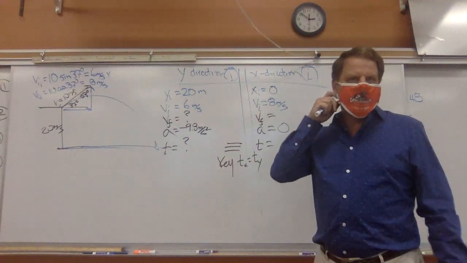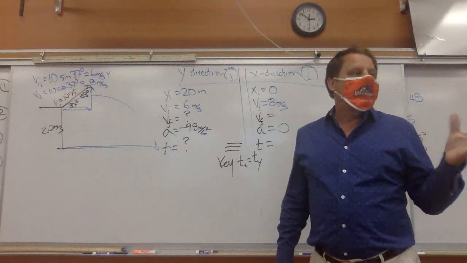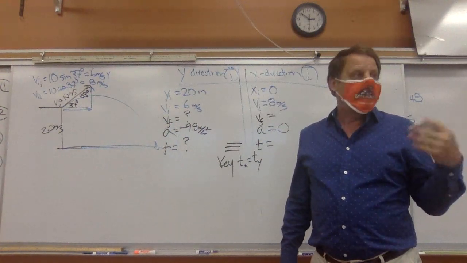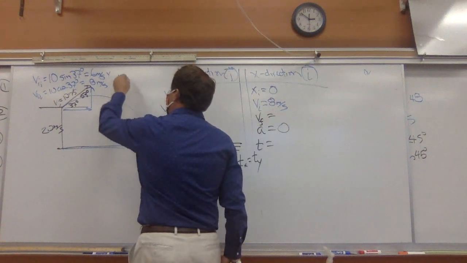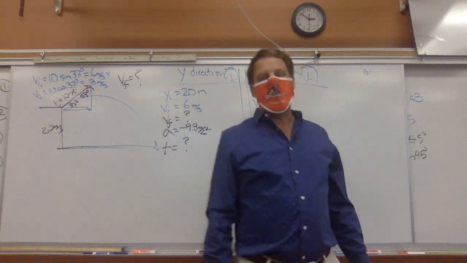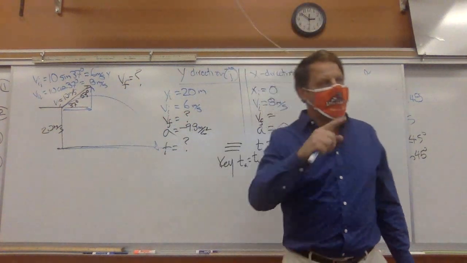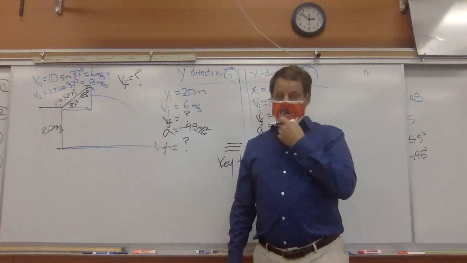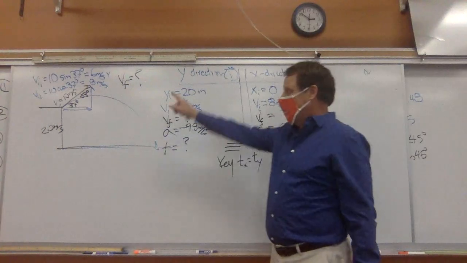Now, I did not specifically ask you what the question was asking here. And I want to know, what is the final velocity? And I think that right there was what I asked you in last Thursday's question of the day.